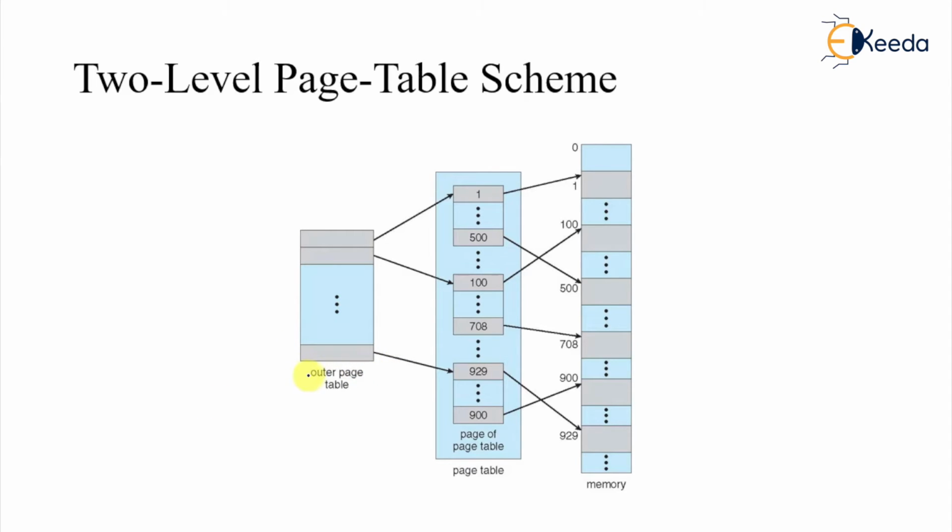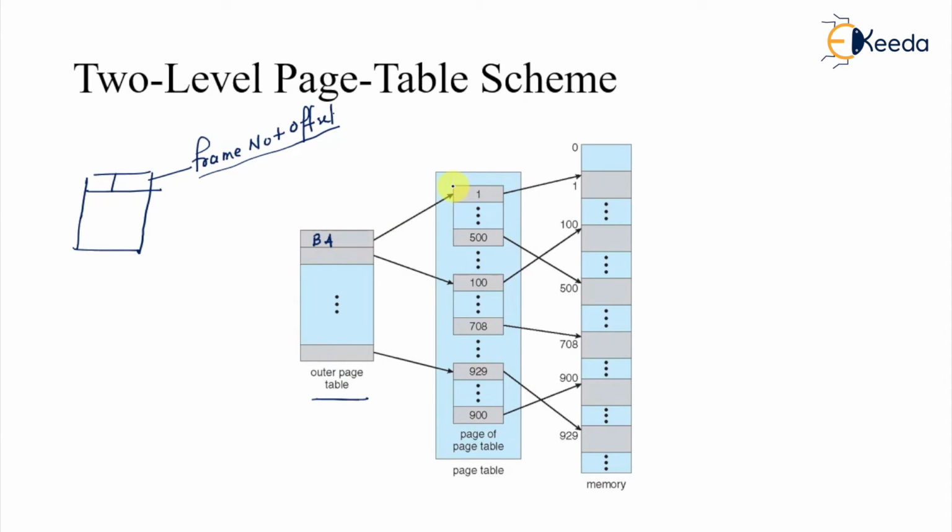So this is the visualization of it. Previously, in the one level page table, what we get directly is the frame number, and that frame number combines with the offset and becomes the physical address. Here, in the outer page table, we get a base address.